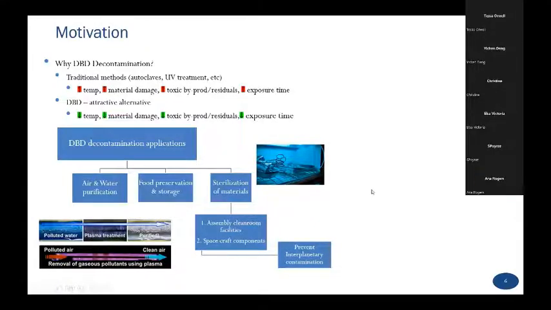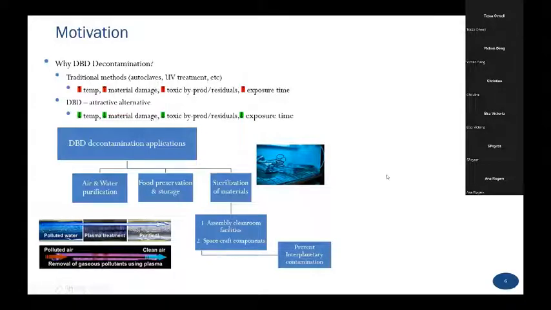Because of these disadvantages, DBD has turned out to be an attractive alternative with advantages like low processing temperatures, low material damage, less toxic byproducts and residuals, as ozone usually decomposes to oxygen in time, and even less exposure time required for decontamination.